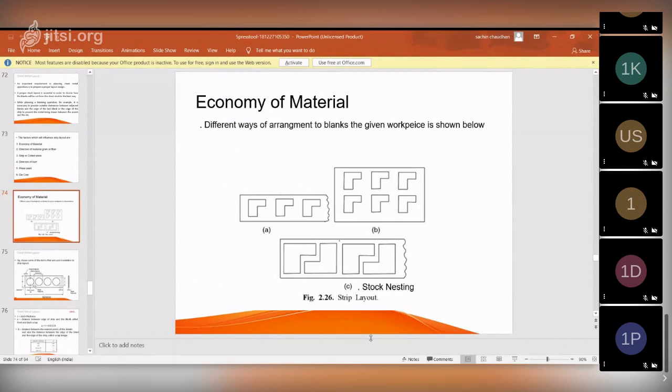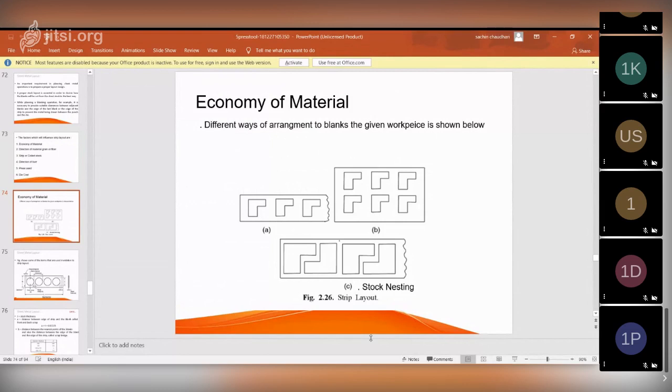Okay, so this direction of burr is also important while considering the strip layout. In that strip layout, whether your burr comes on one side, on the die side, or on some other hidden side, that is an important part. To control the position of burr may limit the stock layout arrangement, guys. So your stock layout arrangement is limited by the direction where the burr is produced.